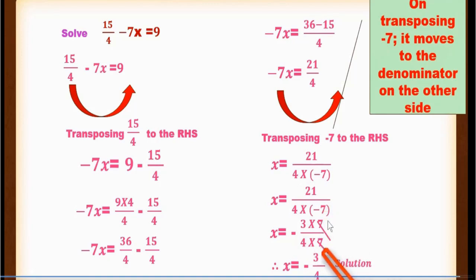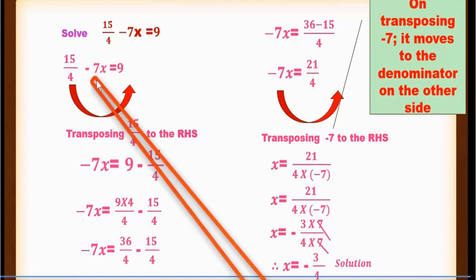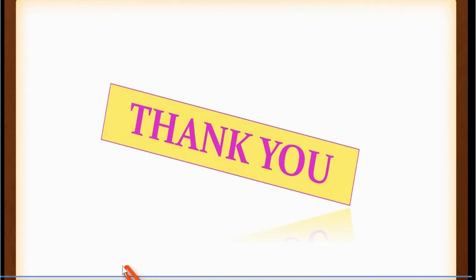After converting minus 7 into 7, you can eliminate both 7s, and what will remain? The remaining part is minus 3 by 4, which is a rational number. So x is equal to minus 3 by 4 is the solution of the given equation. Thank you.